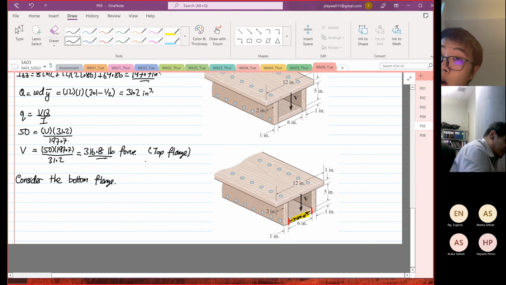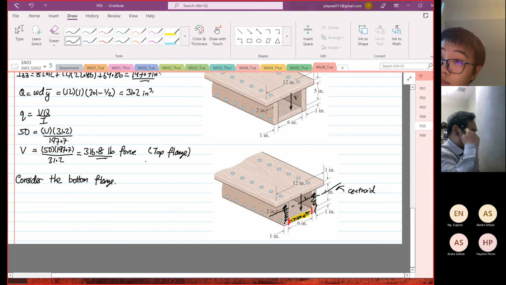That is why you take the flange. Okay, you don't consider the web. Now if we are to consider the web, where the failure of the web will occur, it will fail at the what? Centroid, right? At the web you will fail at the centroid. Whereas at the flange, right, you will fail at the joint.